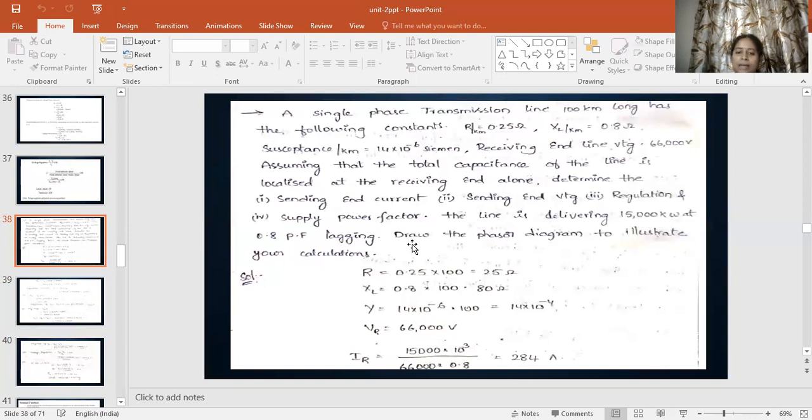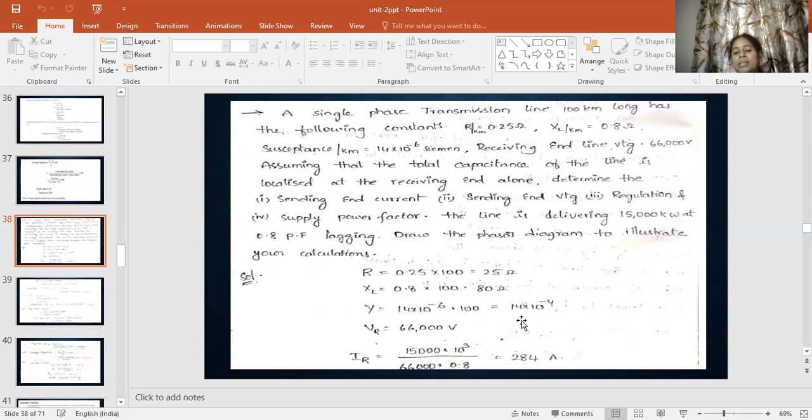The resistance value per kilometer is given, so it can be multiplied with 100. That value is 25 ohms, and XL equal to 0.8 into 100, that value is 80 ohms. The susceptance is nothing but omega c, and that value is 14 into 10 power minus 6, into 100.